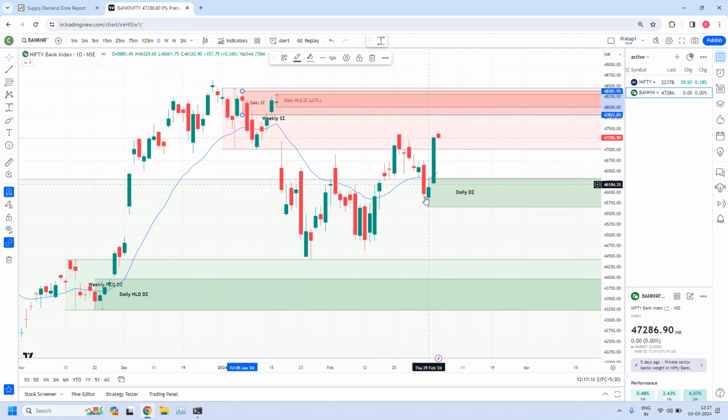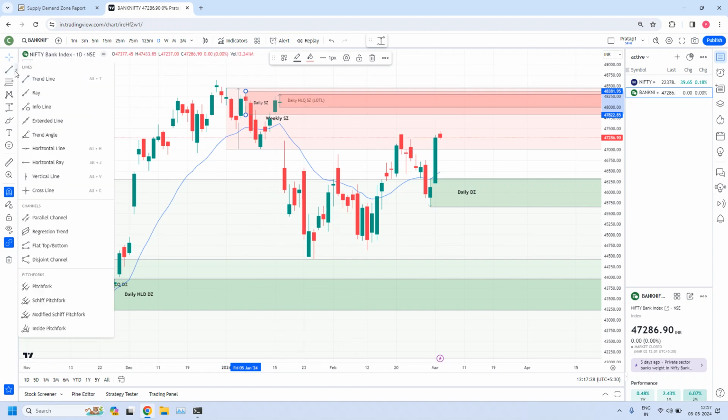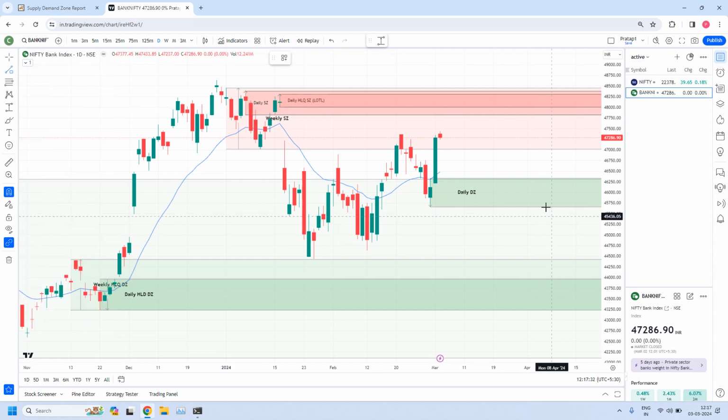Okay, now what could be the range next week? We can expect a range from here to here. Let me draw those info lines. This is the first range.